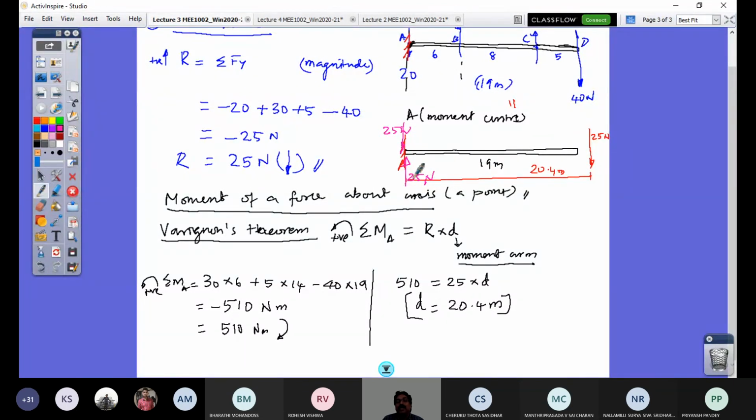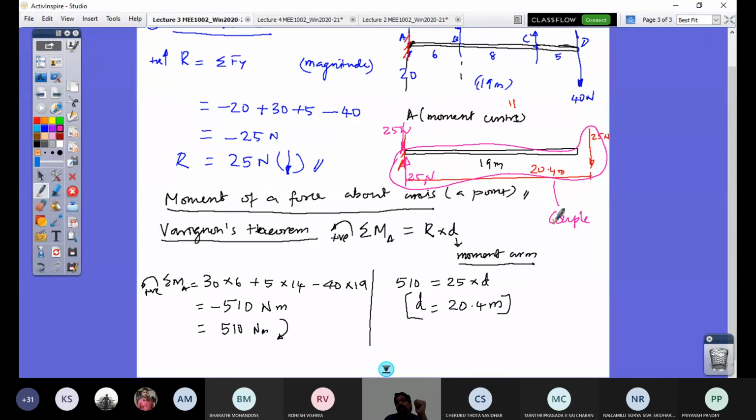But now, interestingly, you are able to look at the 2 forces which are parallel. These two 25 Newton forces form a couple. This is what is called a couple, because the magnitude is the same, they are parallel, but in opposite sense. So you would have a couple moment.